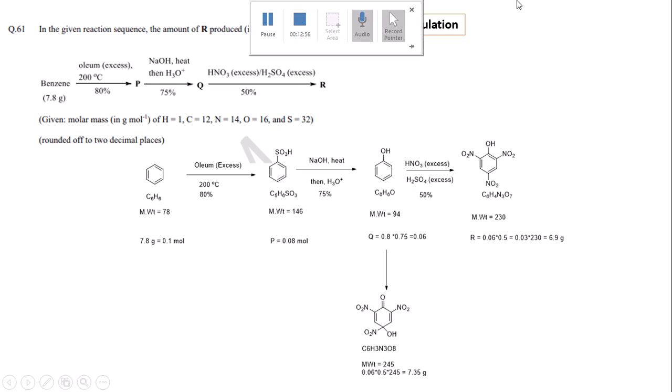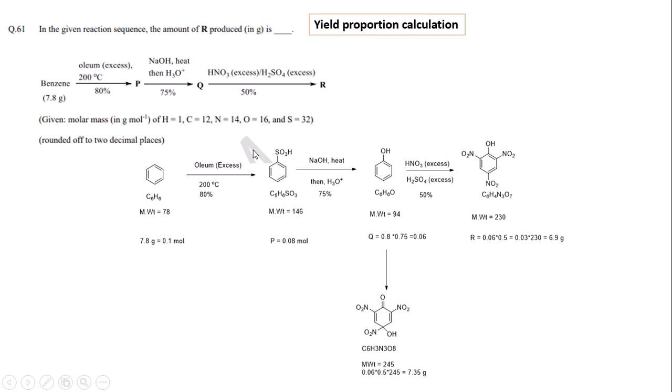Now this is the problem for the yield calculation. In the given problem, oleum in the presence of benzene produces the sulfonate compound, and in the presence of NaOH and heat, it gives phenol, and in the presence of excess HNO3 and excess H2SO4, it gives trinitrophenol, that is picric acid.